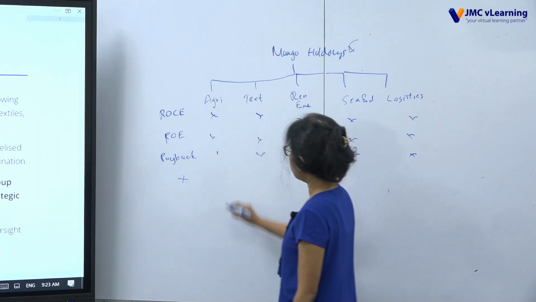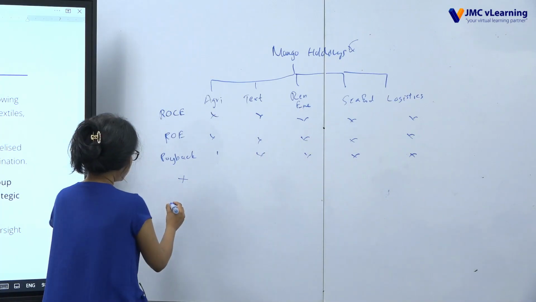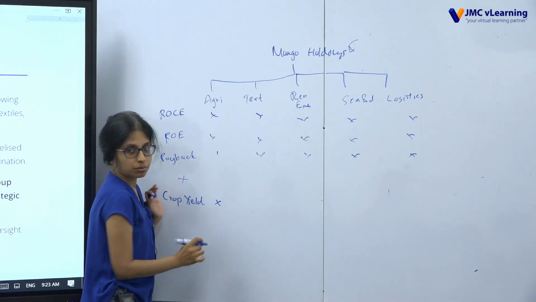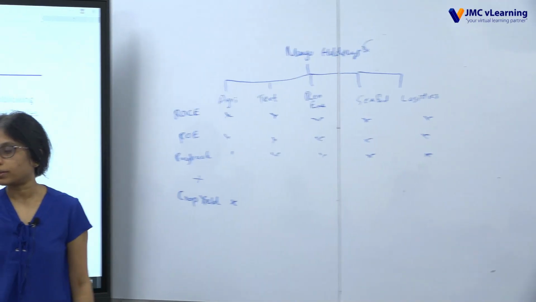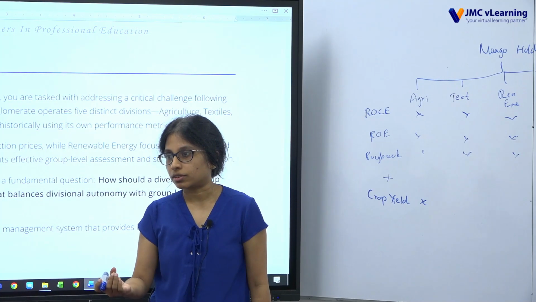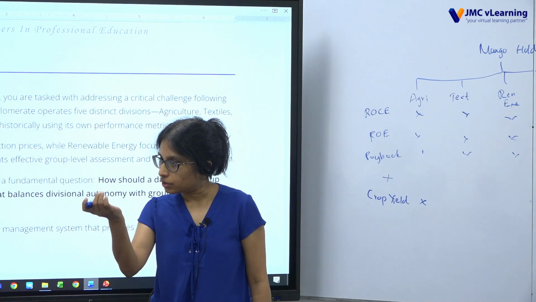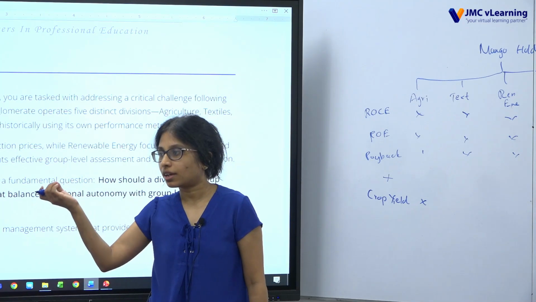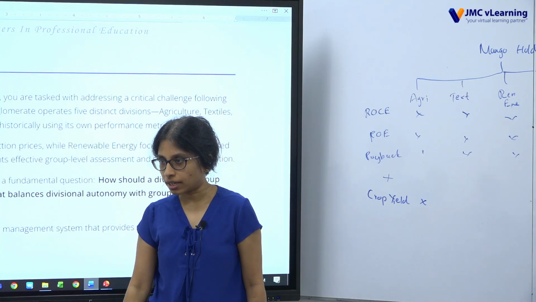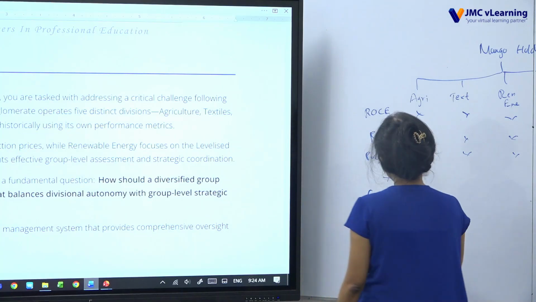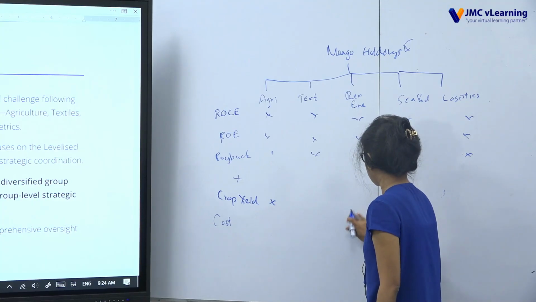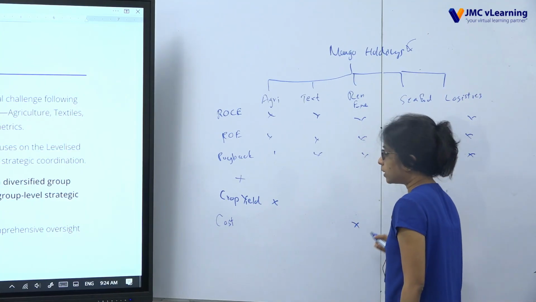What are the company specific metrics for agriculture? Like they said, crop yield. Per acre, how much yield from each crop? How many kilos or whatever. You can compare that with other companies in the same industry. Renewable energy, they are using something called the cost per kilowatt hour.